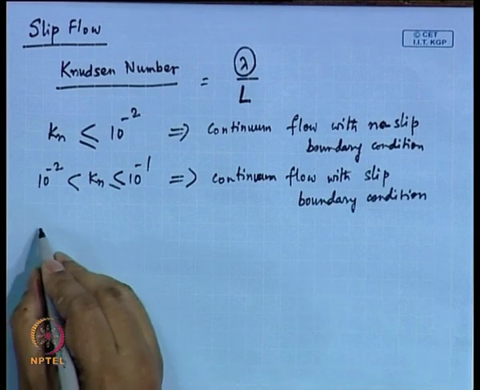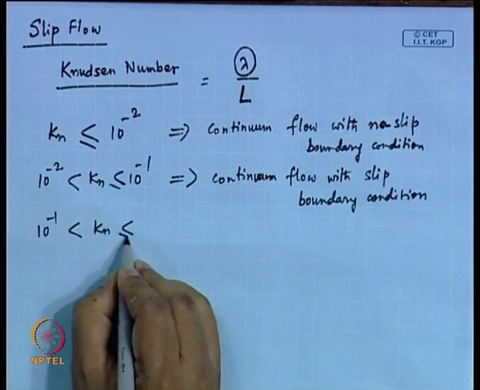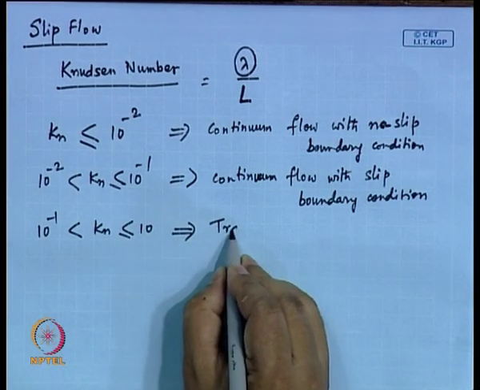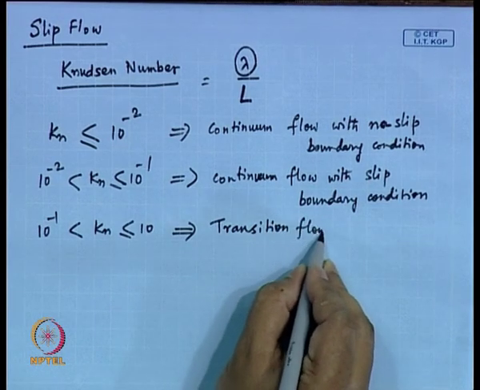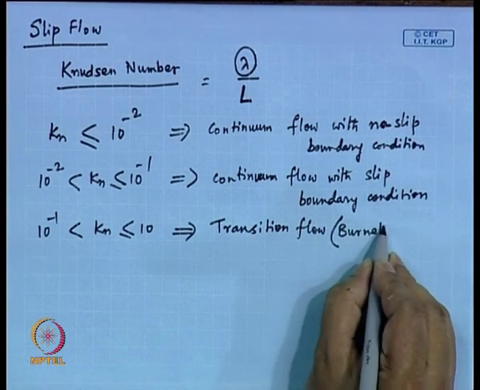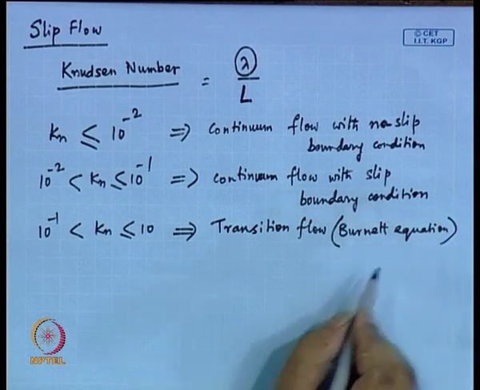If the Knudsen number is between 10 to the power minus 1 and 10, this implies transition flow, and commonly there is something called the Burnett equation that needs to be studied.